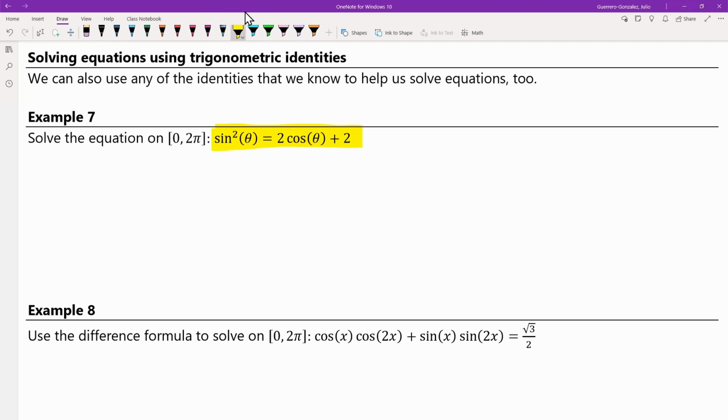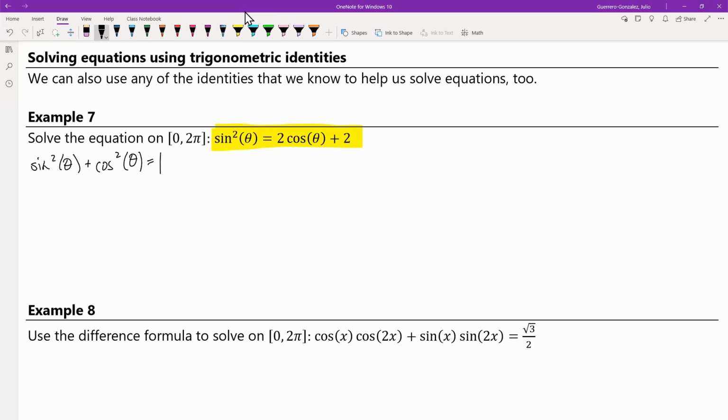This is where the trig identities come in. In particular, what I'm going to be using is this: sine squared theta plus cosine squared theta. We know that that's equal to 1.